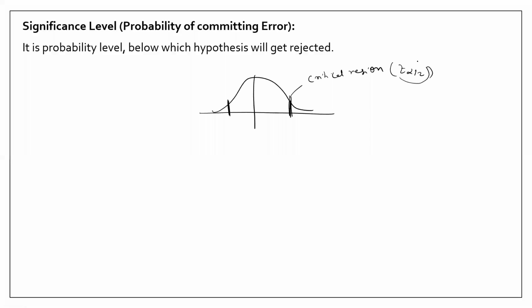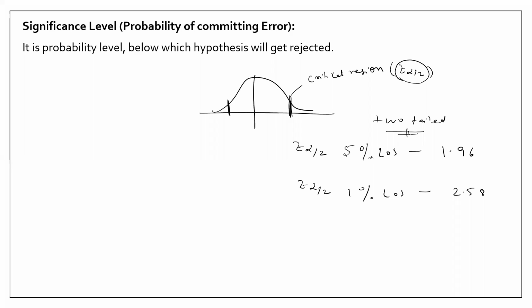Already you know your Z alpha by 2 value for 5% level of significance is 1.96. We have seen that. Z alpha by 2 value for 1% level of significance is 2.58. We have already calculated this value in the confidence interval for the two-tailed test because we are considering both the tails. This part we have already seen.